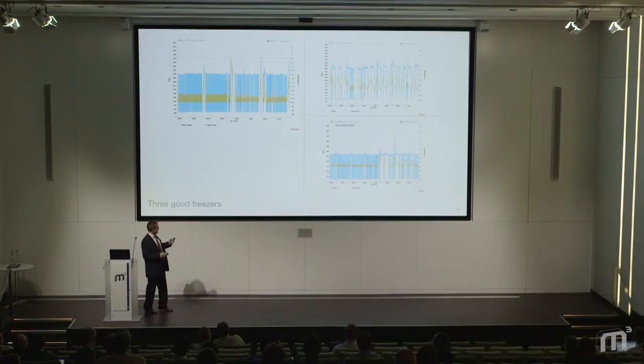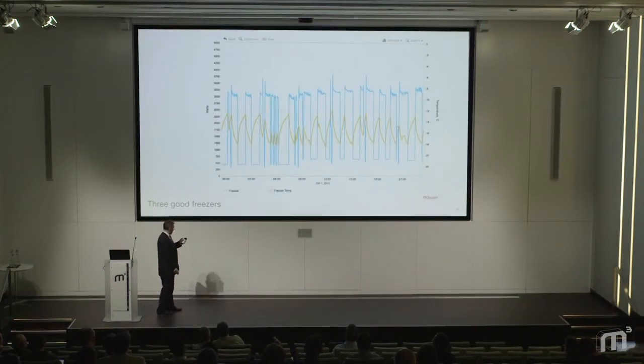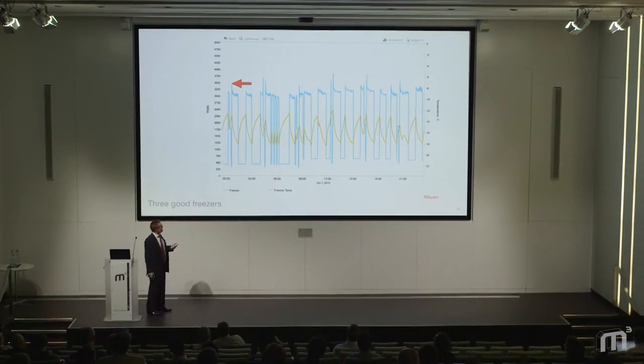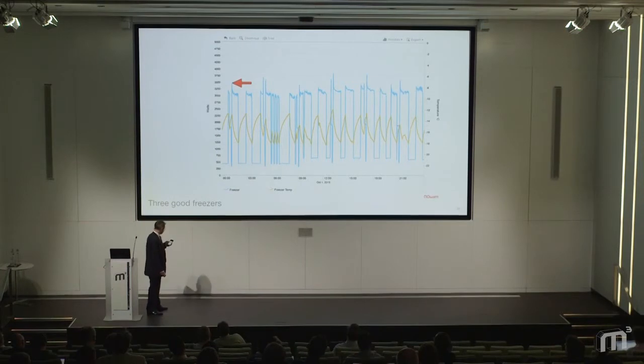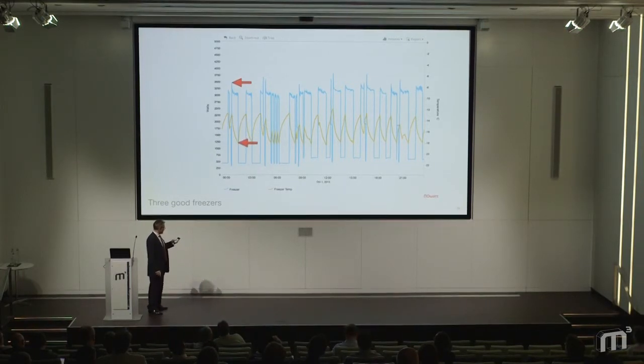Let me explain what we're looking at here. Here we've got two sensors. The blue line shows the electricity consumption of the condenser in this particular freezer. The orange line shows the temperature tracking condenser operation. When the temperature hits the bottom set point, the condenser turns off.